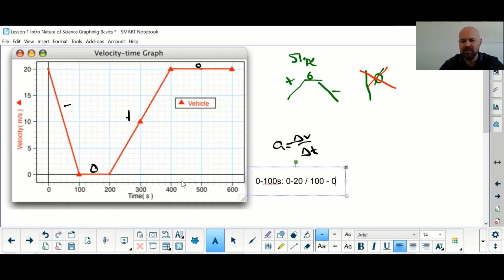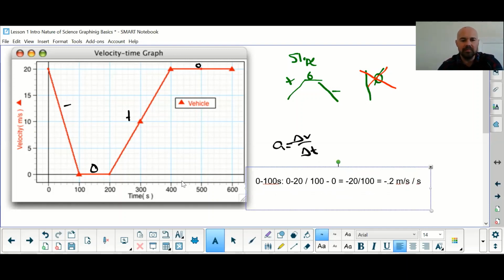You have similar problems on your web assignment like this, so I want to make sure I show it explicitly a couple of times. This turns out to be negative 20 divided by 100, which is negative 0.2 meters per second per second. That's the right unit, or you could say meters per second squared. From 100 to 200 seconds, it's just 0 meters per second per second because it's not changing, it's just a horizontal line. 200 to 400 is the next section we are asked to find.